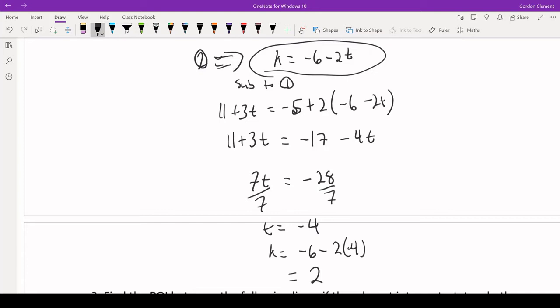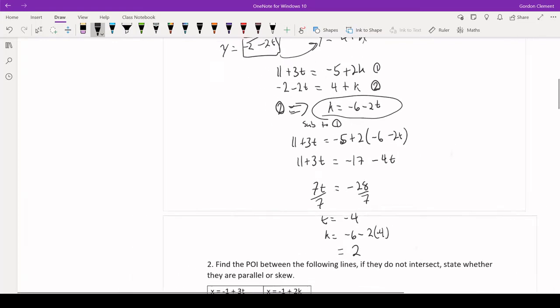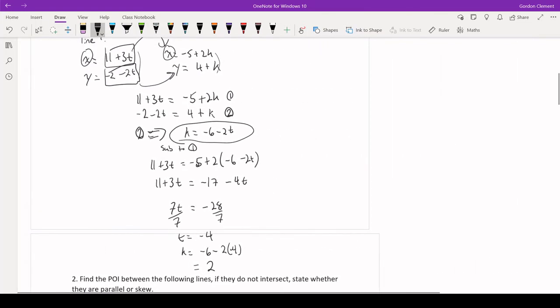So I actually didn't need to find k, and we're actually not done the question, because the question is to find the point of intersection. And the point of intersection is going to be the x and the y. So actually with the t, what I can do is go back to line 1 and say x is going to be 11 plus 3 times -4, which is going to be 11 minus 12.